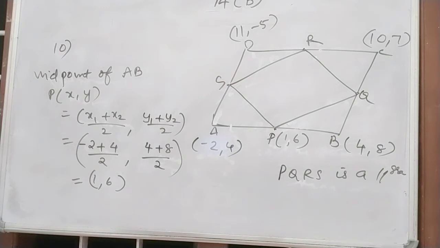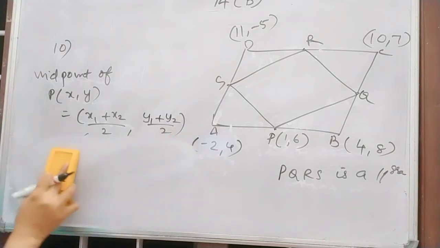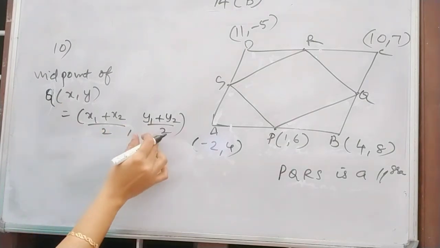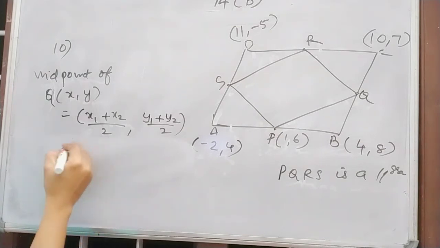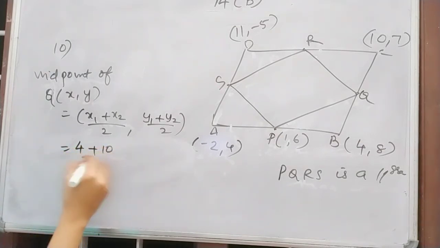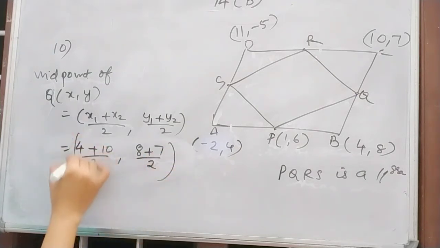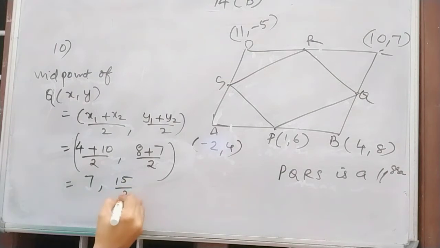Then next we can find out the midpoint of BC. Let us mark it as Q. Same, (x1 plus x2) by 2, (y1 plus y2) by 2. Midpoint of BC is Q(x, y), which is equal to 4 plus 10 by 2, comma 8 plus 7 by 2, which is 14 by 2, which is 7, comma 15 by 2.